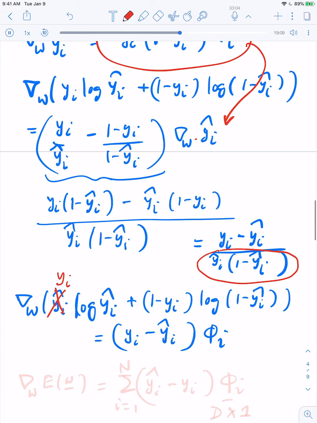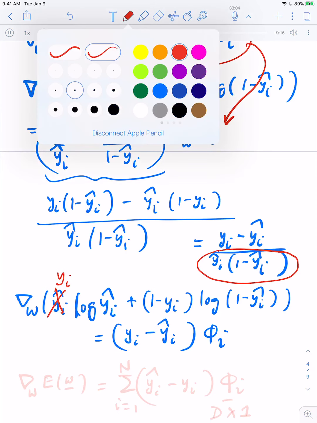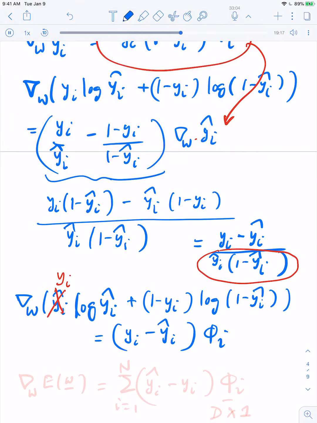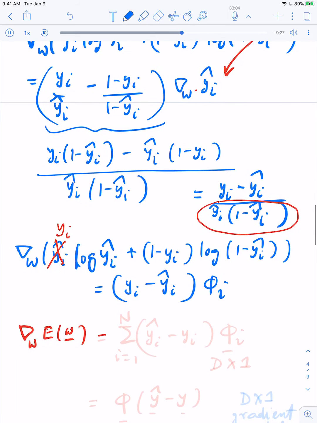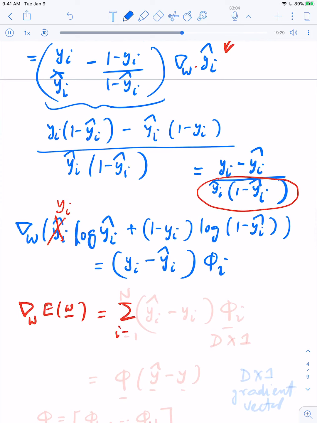And now remember that we have a negative sign out there and a summation out there. So when we put it all together, and let me change pen colors to emphasize this, del W of E of W is summation i equals 1 to n.